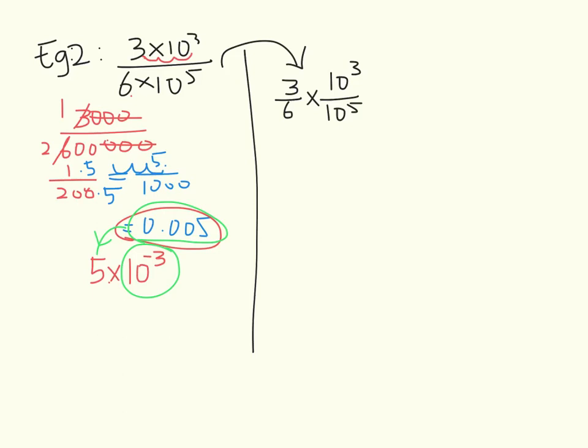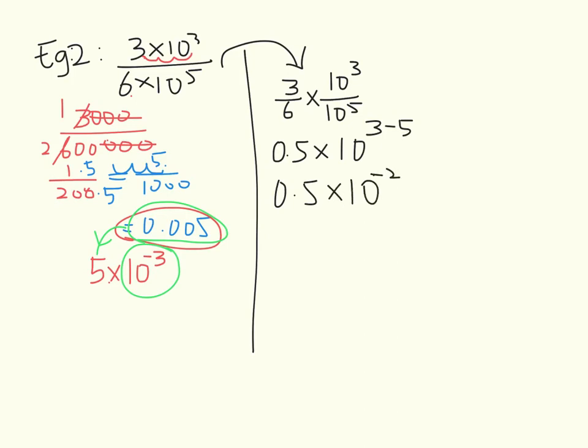And we know that 3 divided by 6 will give us 0.5. And for 10 to the 3rd divided by 10 to the 5th power, we can use the quotient of powers property. And to divide powers with the same base, we will have to subtract the exponents. So it's 10 to the 3 minus 5. So you end up with 0.5 times 10 to the power of negative 2.